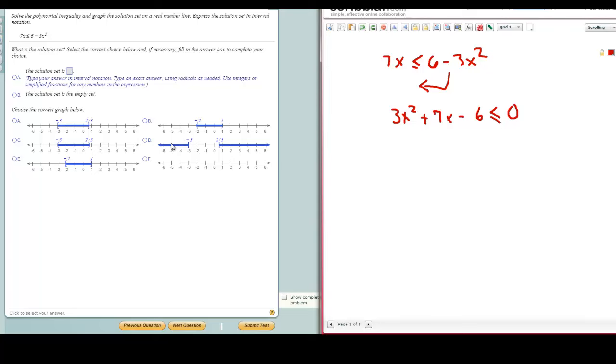But to factor it, there's so many different ways. We can use the AC method. You can do trial and error. But let's try trial and error. That actually seems pretty easy because we have a 3x here. So we have 3x and x.